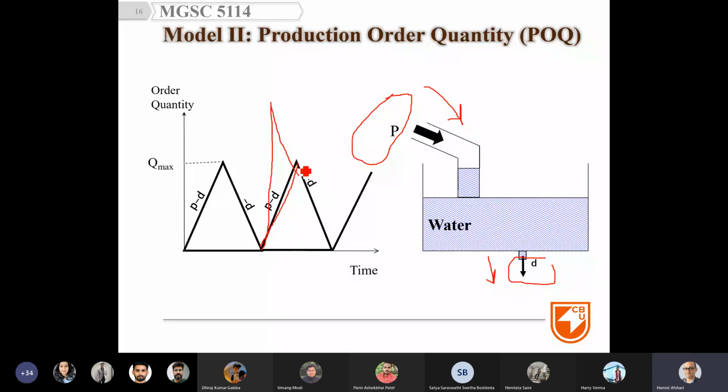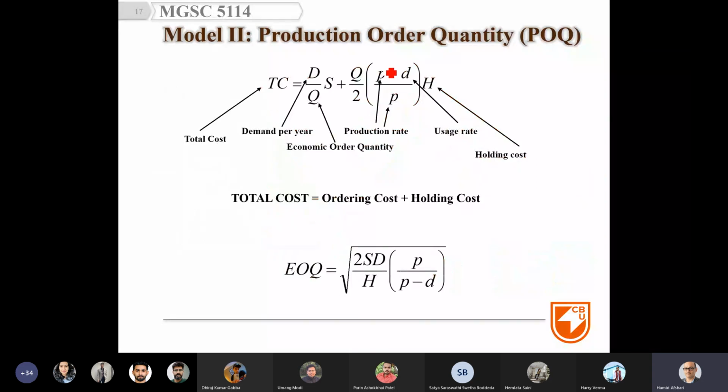And because of that, the formula is all the same, only instead of 1, you have P minus D. So P means production, D means consumption, divided by P, multiplied to all of your system, even to your EOQ or Q star.